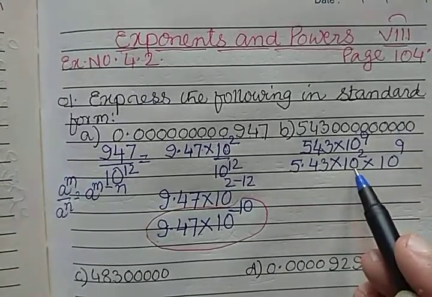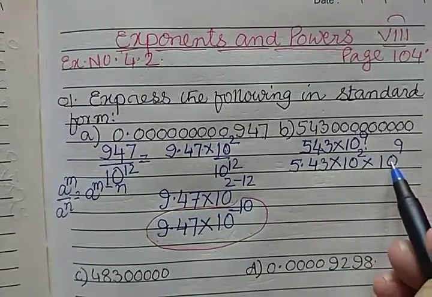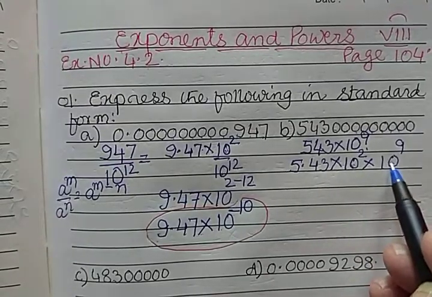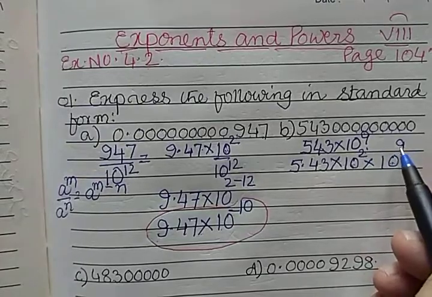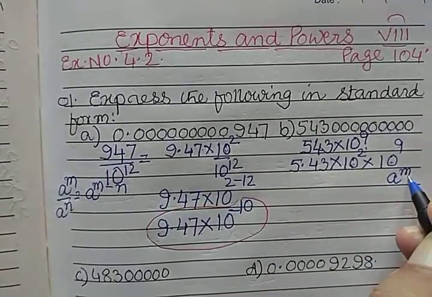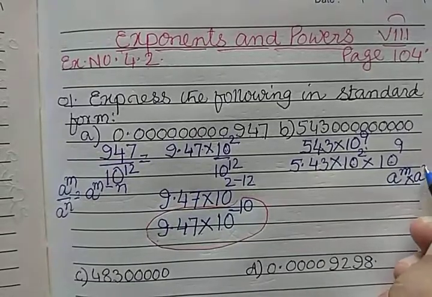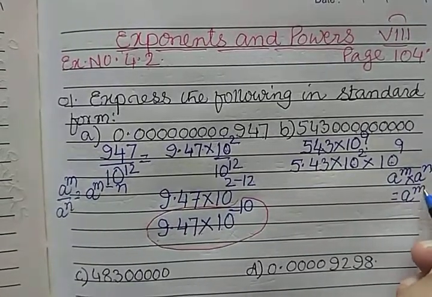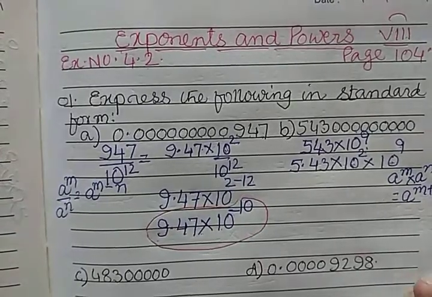These two have the same base, so you should add the powers: a to the power of m into a to the power of n is equal to a to the power of m plus n.